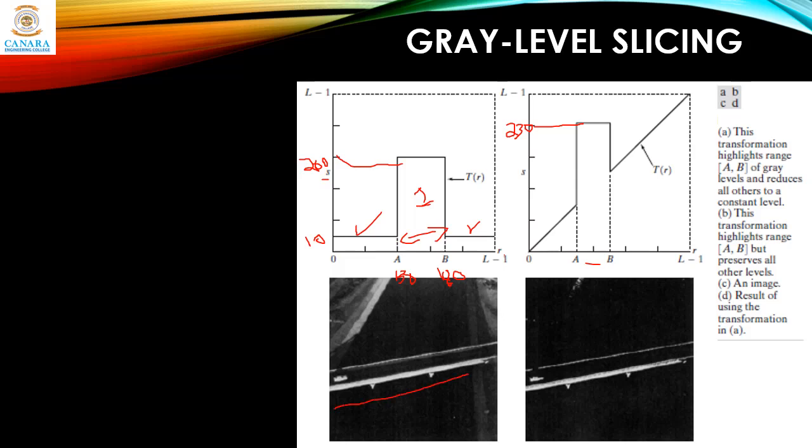Between the red lines is highlighted, and all other levels, because they do not fall in the range of interest, are suppressed. They are made darker like this. So this part is made darker, and only this bridge lining or the boundary walls are visible. So this is the technique we are doing in gray level slicing.